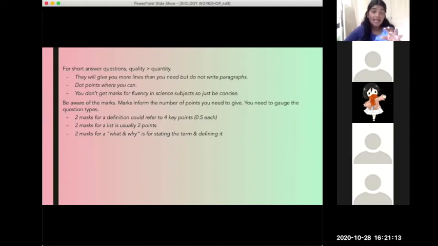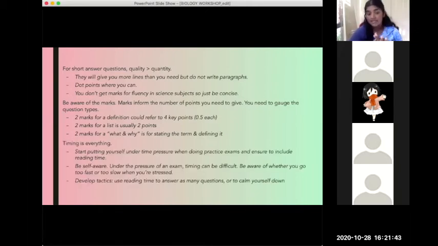But explain, or describe why, or describe how, is always about: this is the trend, and this is happening because of this. Sometimes it's not clear why, but you need to extrapolate. You need to understand that, okay, the temperature's high, maybe it's outside of the optimum range for the enzyme, and so the rate has decreased. You just need to know what the keywords are in the stems, and that comes with practice.